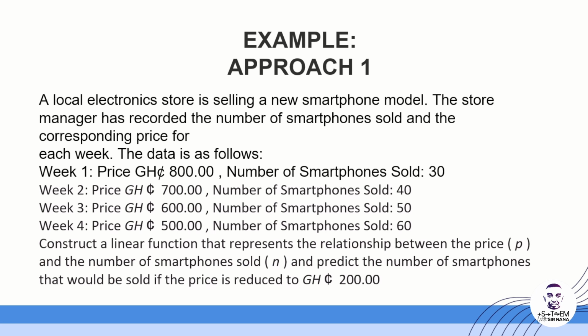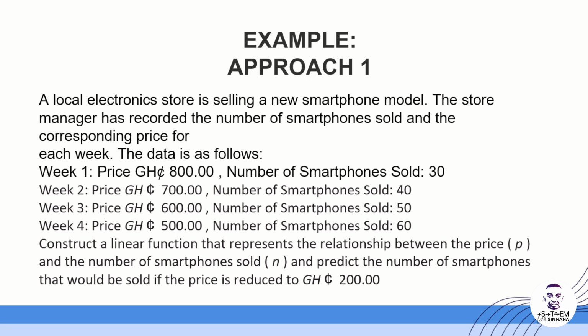The question says that a local electronics store is selling a new smartphone model. The store manager has recorded the number of smartphones sold and the corresponding price for each week. So the data is as follows.